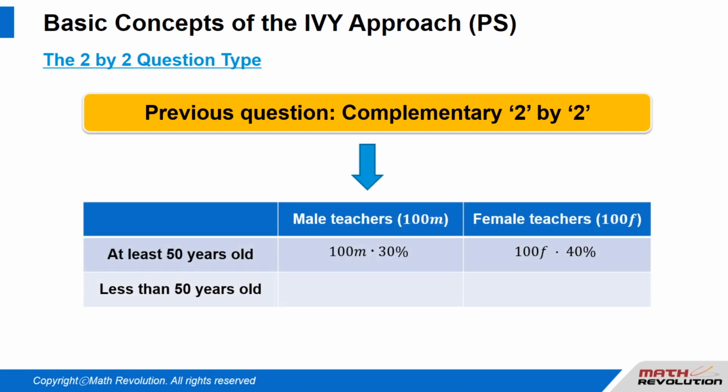Male teachers who are at least 50 years old are 100 times M times 30%. Female teachers who are at least 50 years old are 100 times F times 40%. 2x2 questions frequently appear in the exam as both PS and DS questions. You can learn more details about 2x2 question types in regular lessons.